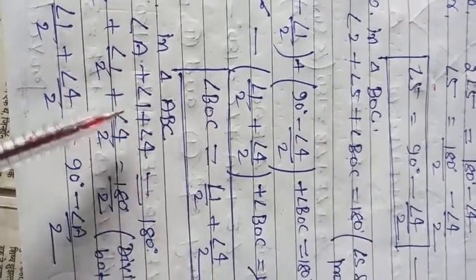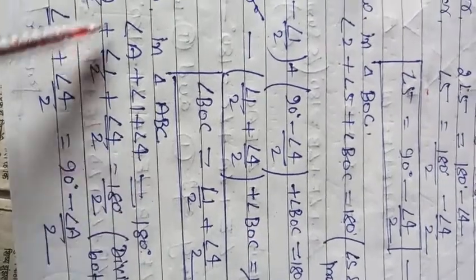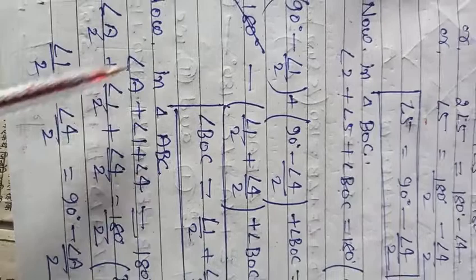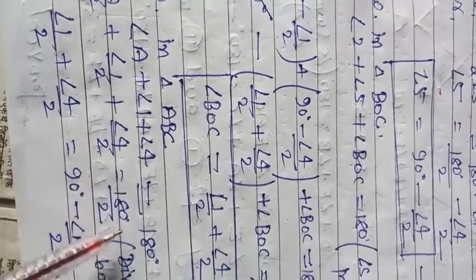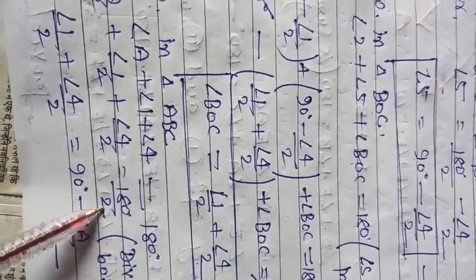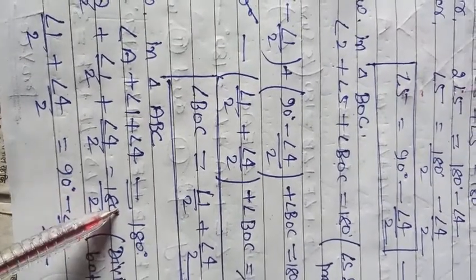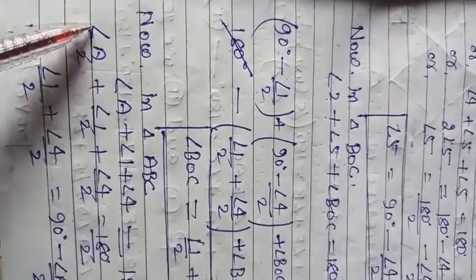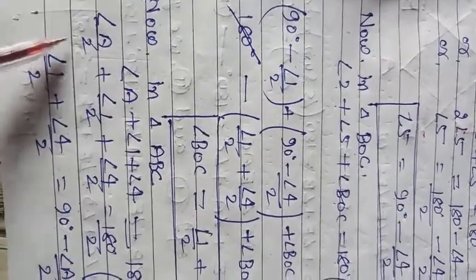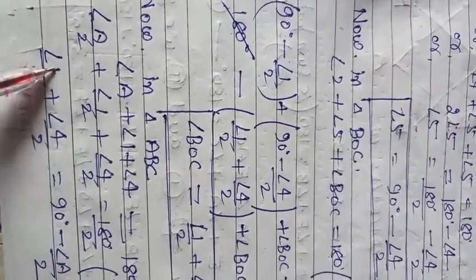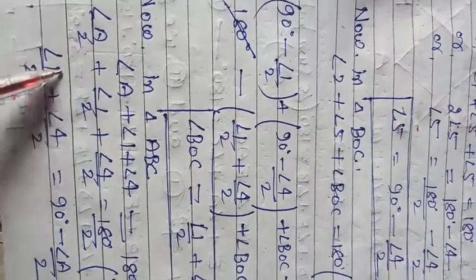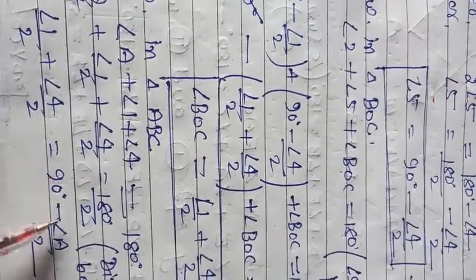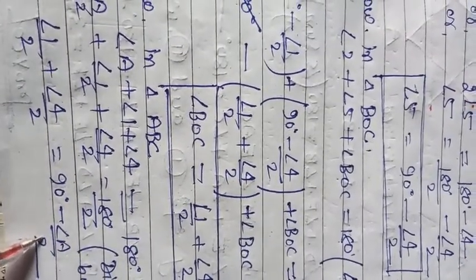For that purpose, we divide this equation by 2. So angle A by 2 plus angle 1 by 2 plus angle 4 by 2 is equal to 180 degree by 2. 180 degree divided by 2, the result is 90, and the side change of angle A by 2, then we obtained angle 1 by 2 plus angle 4 by 2 is equal to 90 degree minus angle A by 2.